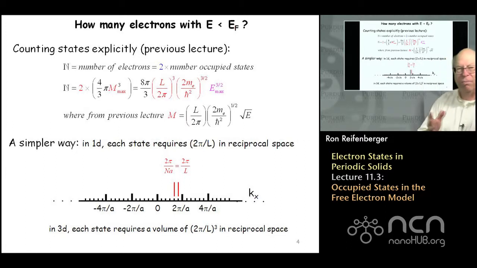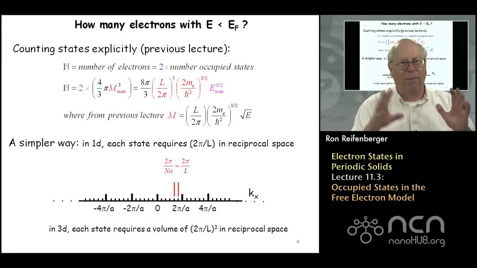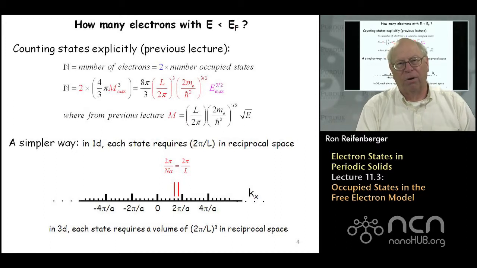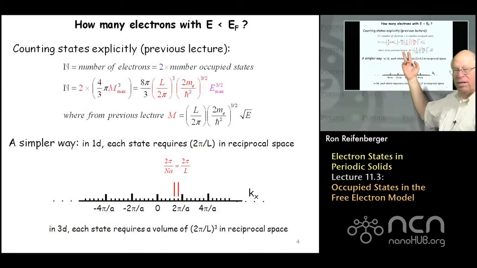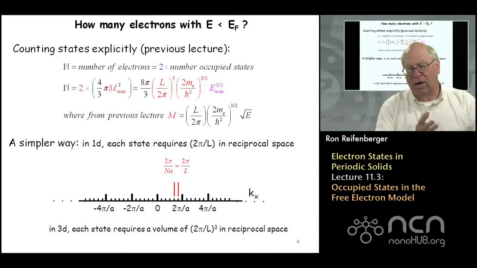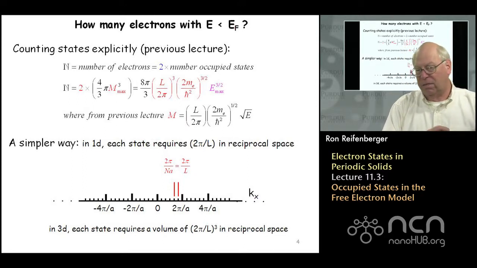It turns out there's a much simpler way to get the same answer, and I'd like to describe that to you now because you'll see this simpler approach in many different textbooks. If you get confused, you can always go back and think it through, but this second way of counting the number of electrons in a metal is what you'll find in many textbooks.